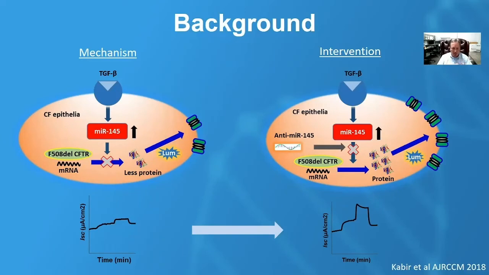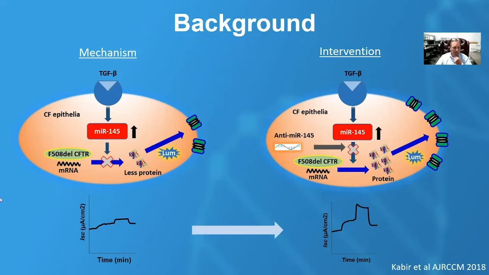So we discovered that TGF-beta, which is a genetic modifier of CF lung disease, regulates CFTR expression, function, and response to CFTR modulators through a microRNA called miR-145. Now, microRNA are small non-coding nucleotide sequences that regulate gene expression.